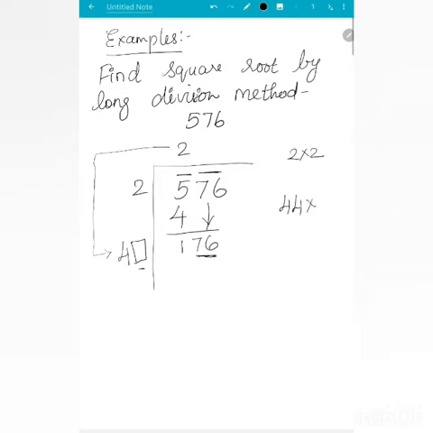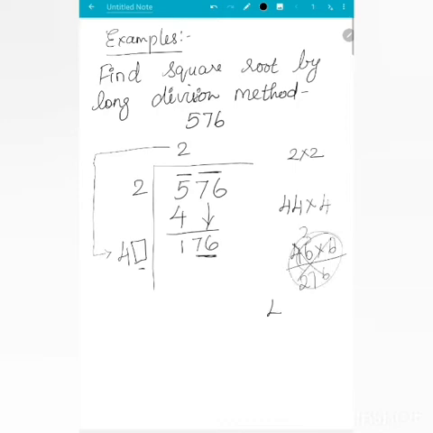Let me take 4, because there are only two chances: 46 or 44, since it ends with 6, and 46 into 6 also ends with 6. Suppose I take 46 into 6: 6 6s are 36, 6 4s are 24, 24 plus 3 is 27, but we have only 176. So this is not possible.